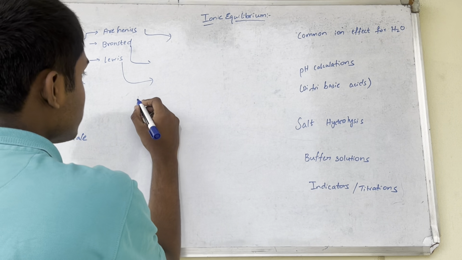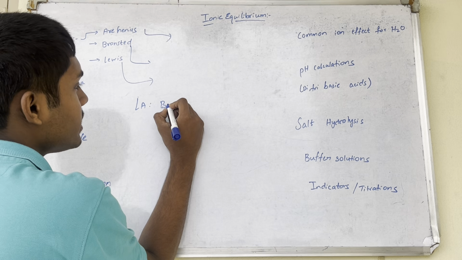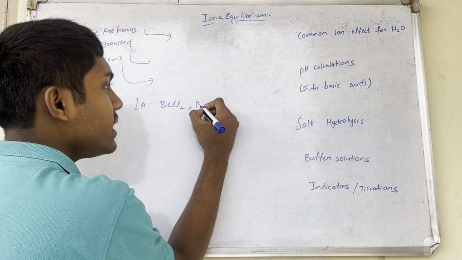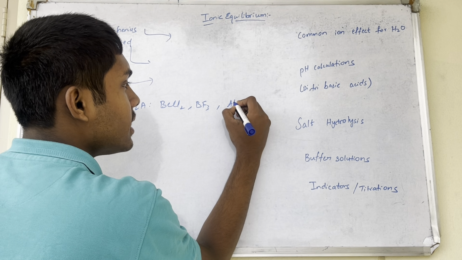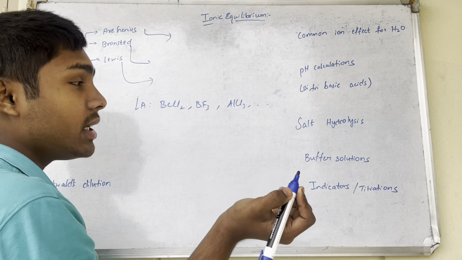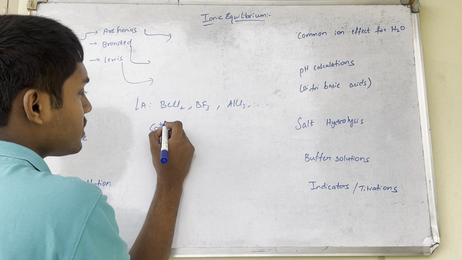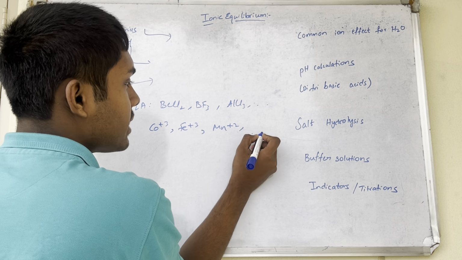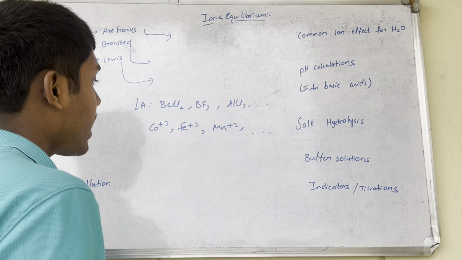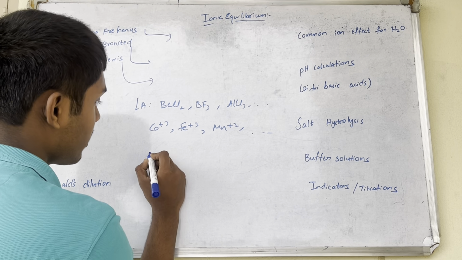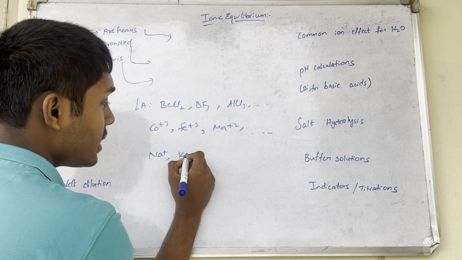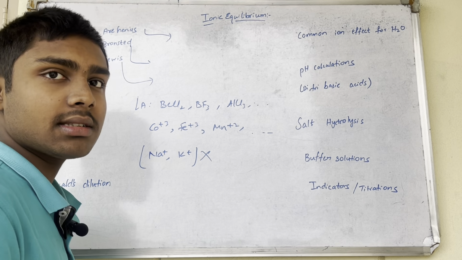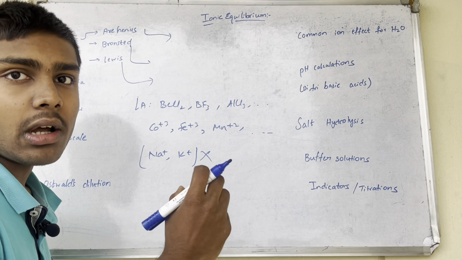So guys, a few examples of Lewis acids are BeCl2, BF3, and AlCl3, and so on. And we have d-block ions like Co3+, Fe3+, Mn2+, and so on. But remember one thing: Na+ and K+ are not Lewis acids because they do not have any vacant orbital.